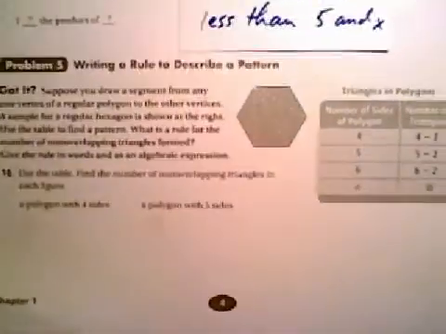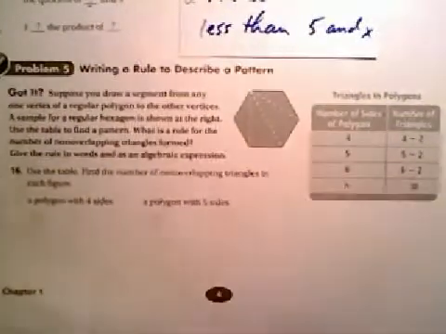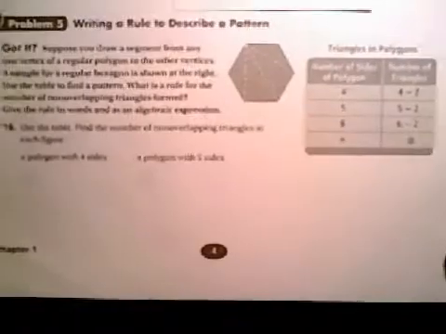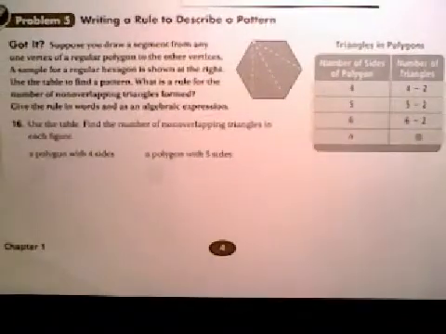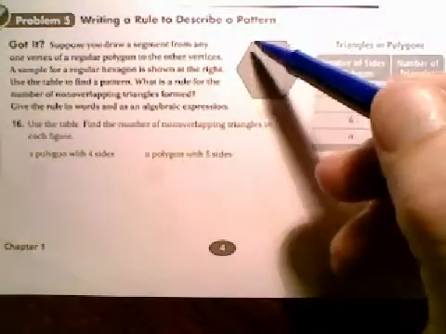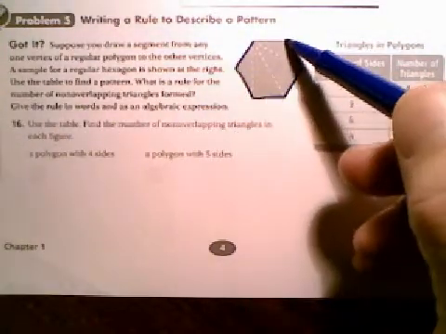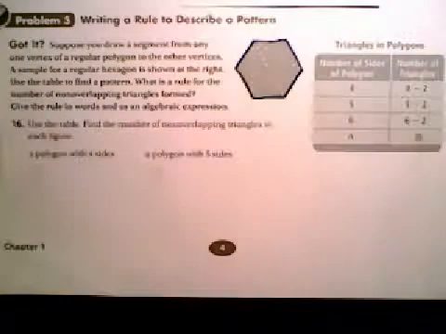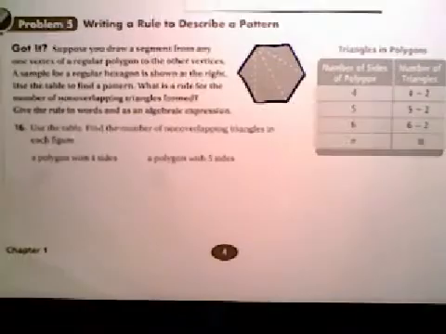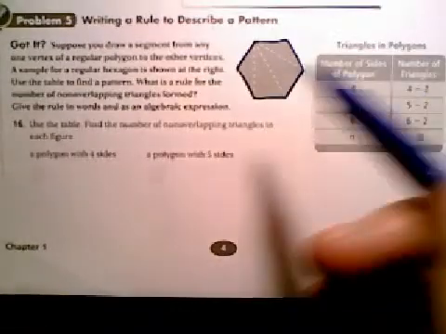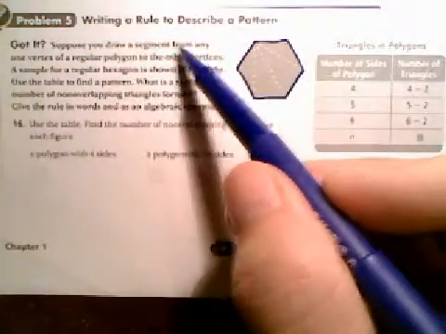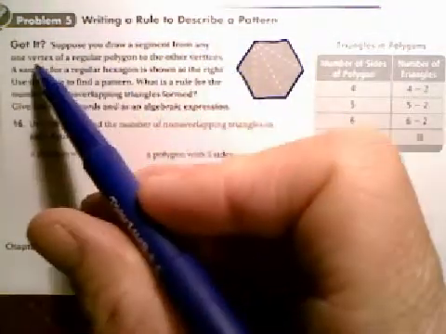Down here at the bottom, we have an application kind of problem. Can we use what we're learning to actually describe something that happens? You'll see this in geometry. You've got this hexagon. It's a regular hexagon. It doesn't even matter if it's a regular hexagon, it's a hexagon, but this is a regular one. And then what we're seeing here is that we have a segment drawn from any one vertex.